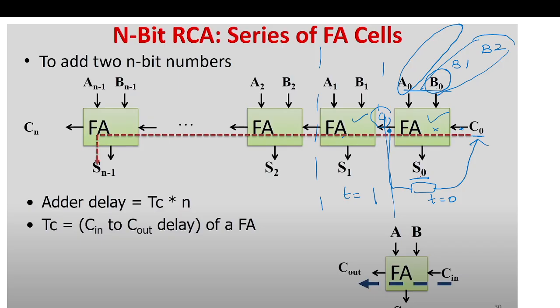It is proceeding sequentially. So we can say, to analyze any sequential circuit, we have to perform time expansion. So this is like expanding in time. So this will be performed at t is equal to 2, which means in the next clock cycle. So this is a kind of sequential or serial operation.